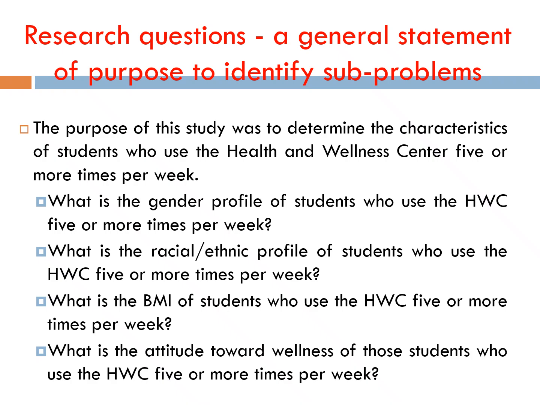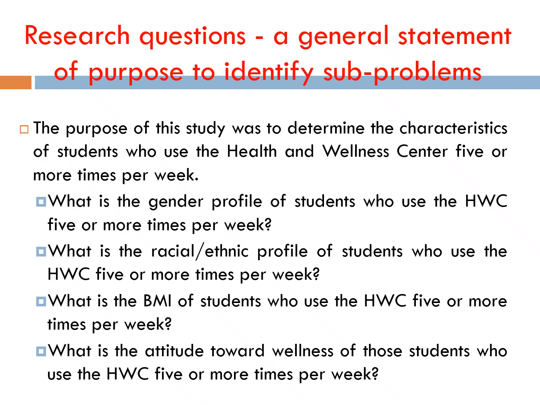To understand the thing logically, I made this statement with respect to general awareness. The purpose of this study, this is one of the examples I am taking: the purpose of this study was to determine the characteristics of students who use the health and wellness center 5 or more times per week. So number one, we have to say what is the gender profile of students who use it 5 or more times.